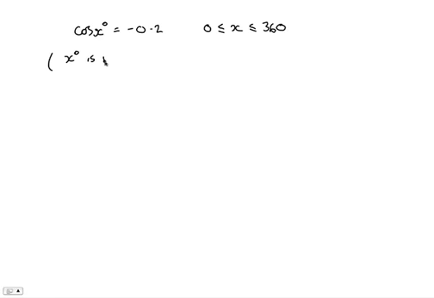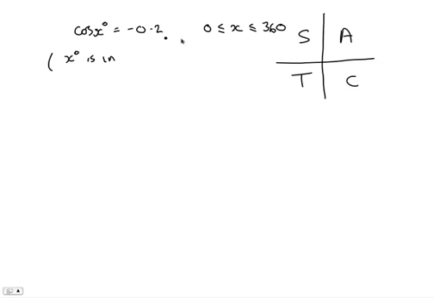X is in... and here's the quadrant diagram. In my previous video I explained how to work this diagram. Cosine being negative: in the first quadrant, 0 to 90 degrees, all three trig functions, sine, cosine, tangent, are positive.